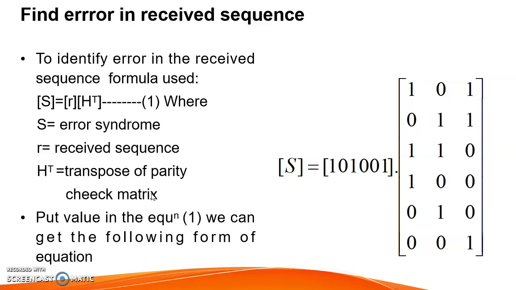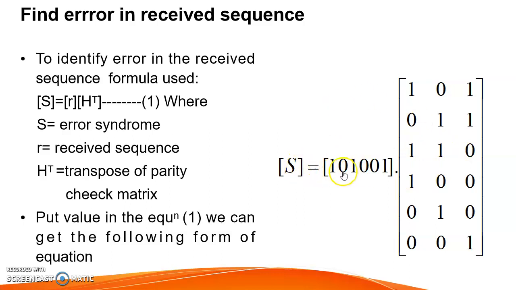That means we have to convert the parity check matrix into transpose form. Putting all the values into the equation, we can get the result.